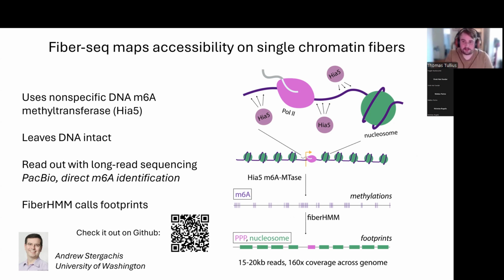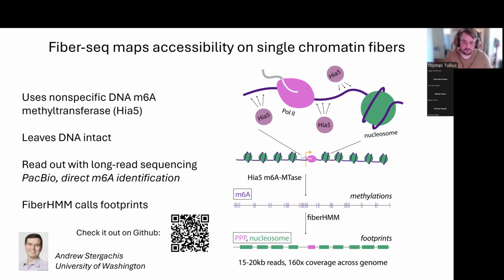The nice thing is that we leave the DNA intact, and we have a mark that can be directly detected through PacBio sequencing, meaning we can read out 10 to 15 kilobase, up to 30 kilobase, reads where accessible bases are marked in a fairly saturated way with m6A. The net result is long reads with methylations marking accessibility, where you can very clearly see nucleosomes.